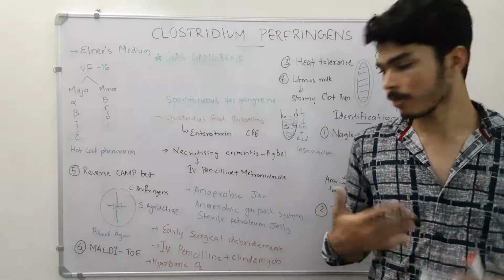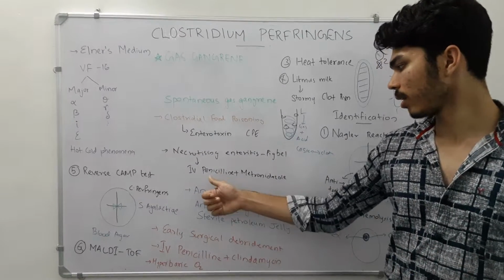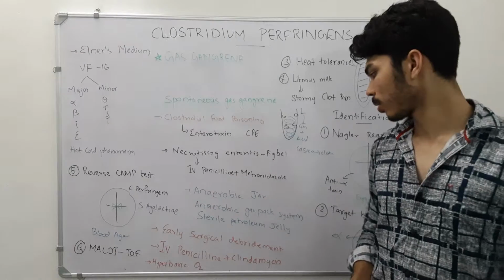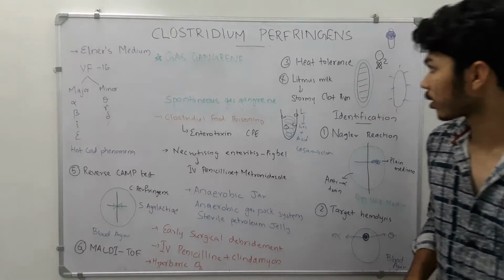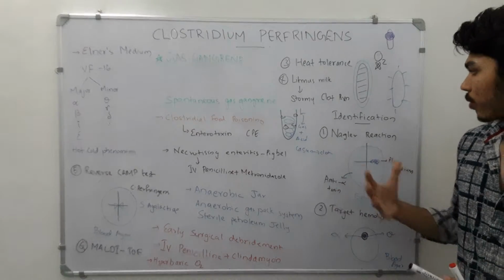On treatment, what you can give is IV penicillin plus metronidazole. So that's all about Clostridium perfringens.